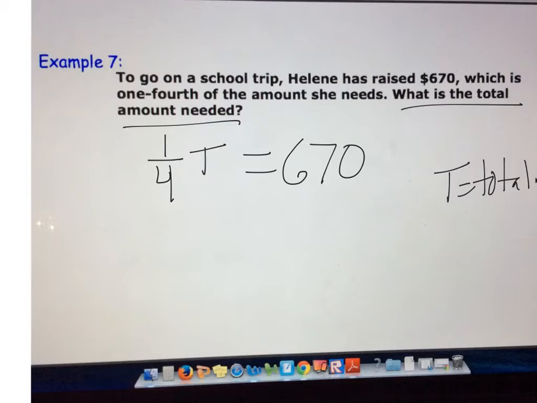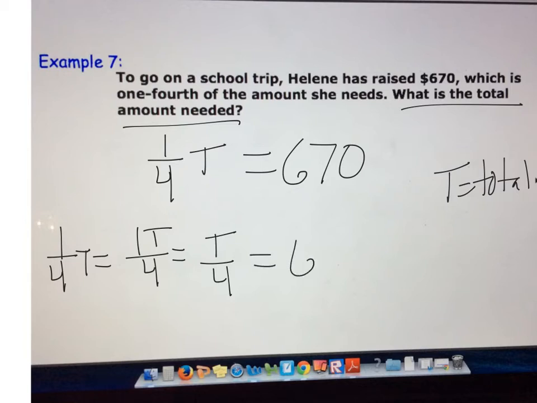Now, this left-hand side, 1/4 T, could also be written as 1T over 4 or T over 4. All of those are the same. So, if I rewrite my equation down here, again, T and 4 are written in a division problem.